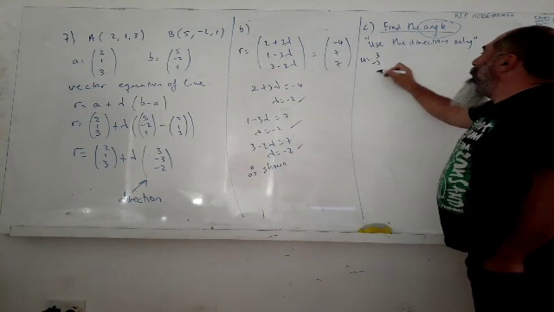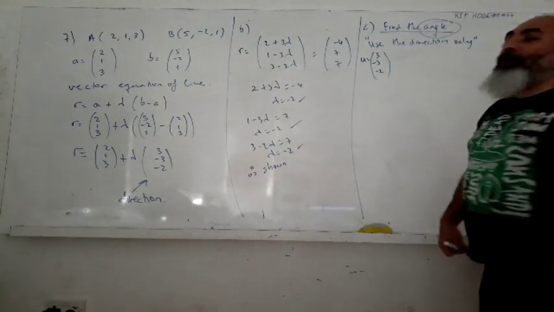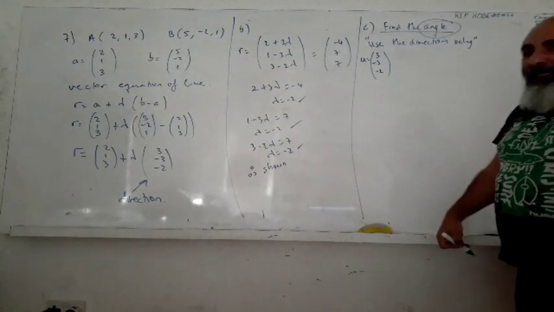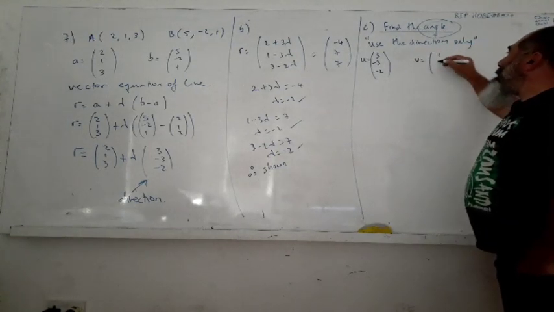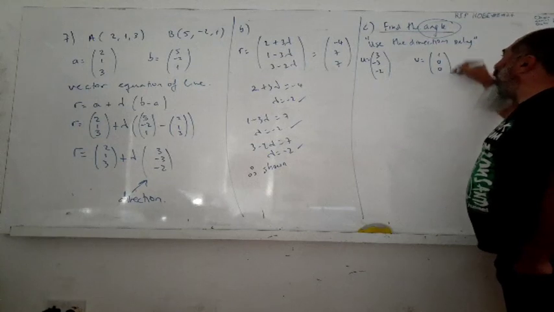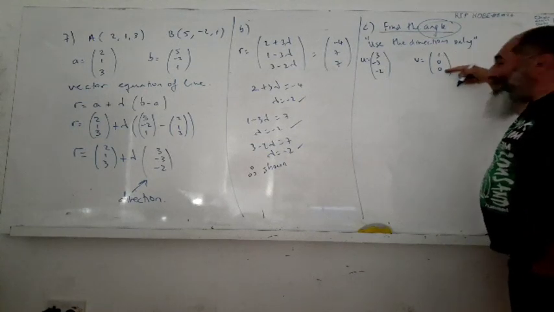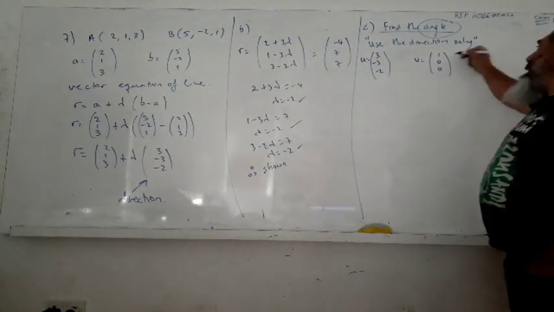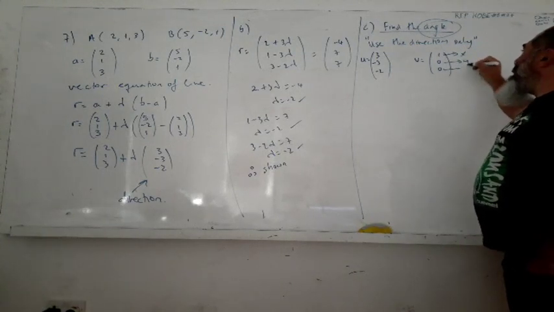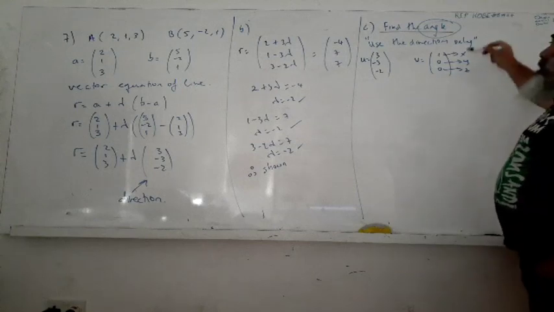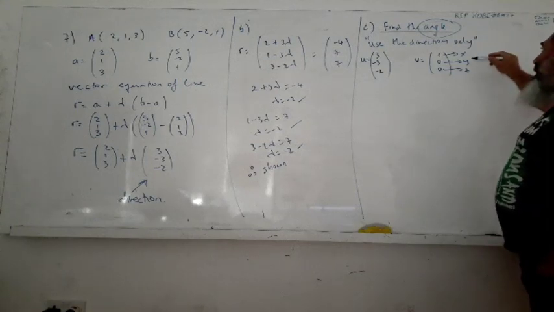What is the unit vector for x-axis? The unit vector for x-axis is 1, 0, 0. Only x is 1. The rest is 0. This is x, this is y, and this is z. If it is x-axis, we have nothing for y and z.